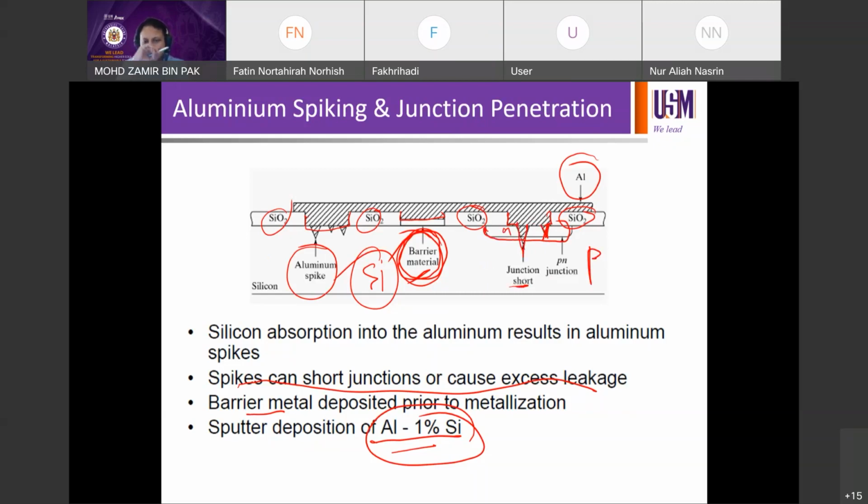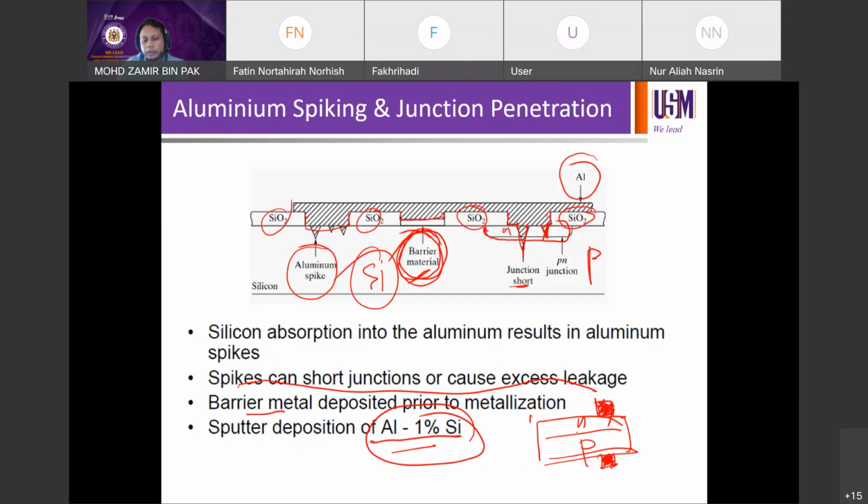So if you can recall last time, when they talked about the PN junction, we are supposed to have metal contact on the N side, and we also are supposed to have metal contact on the P side, right?